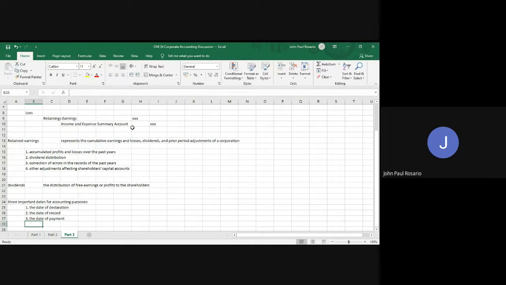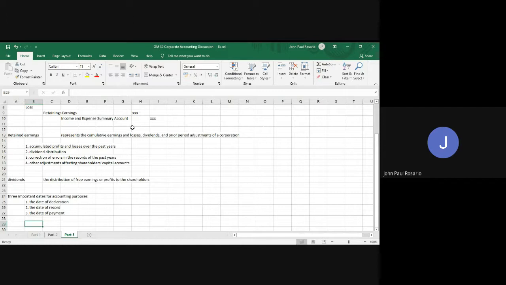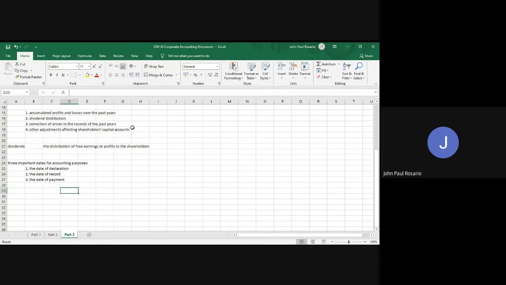Okay. So to give you a clear picture of how these dates should be identified, let me give you an example. So, board resolution number 555, 2019.